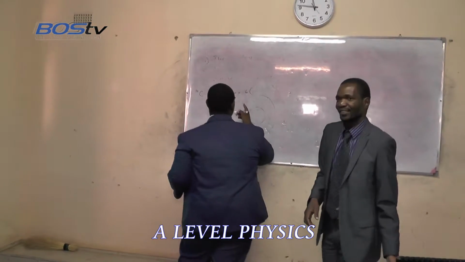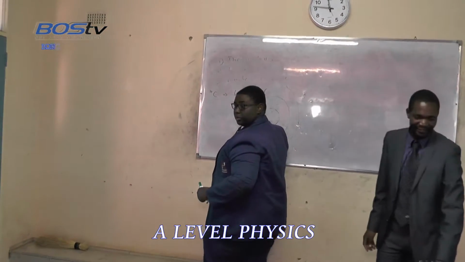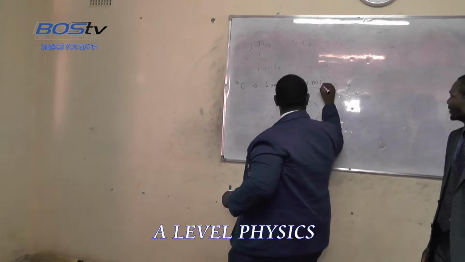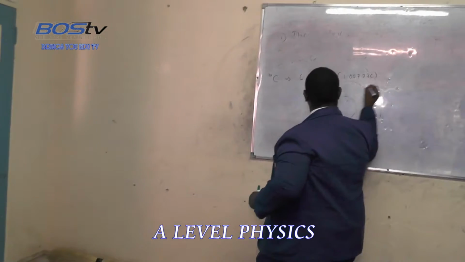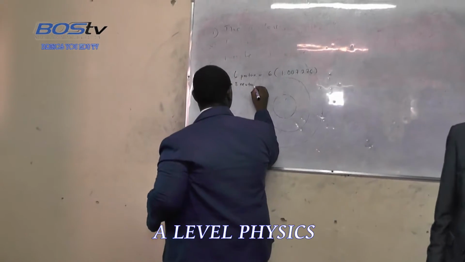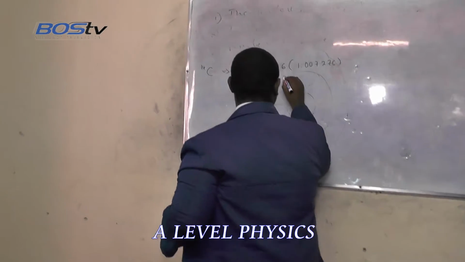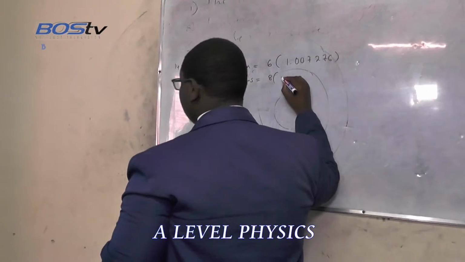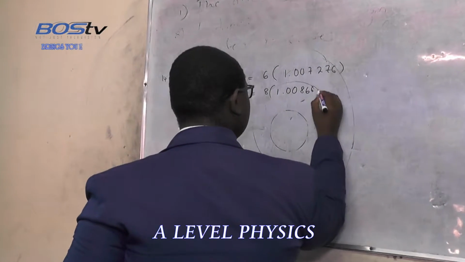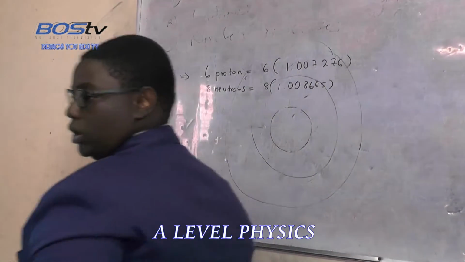Good. What's the rest mass of the proton? 1.007276. And then 8 neutrons. And the rest mass of the neutrons? 1.008665. Can I get?